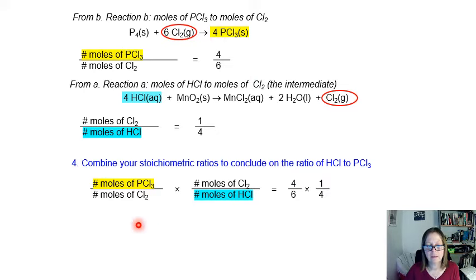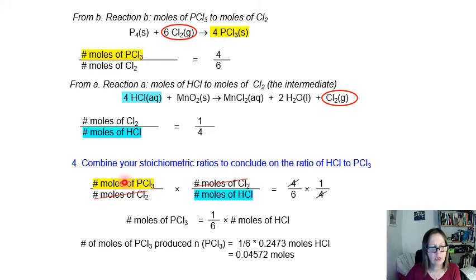And then this one here is 4/6, and this one here is 1/4. So we can now relate the number of moles of phosphorus trichloride to the number of moles of HCl. We can simplify this equation. These two will cancel. So we are left with the stoichiometric ratio between phosphorus trichloride and HCl.